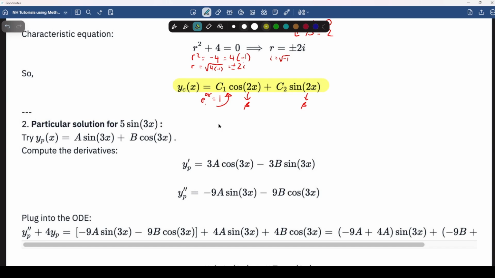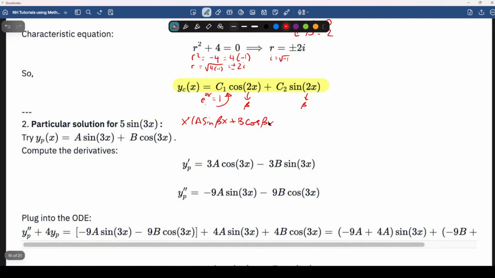Okay, so just like before, it is x to the power of r, and then we can use the letter a with sin beta x, where beta is 2, plus b cos beta x.